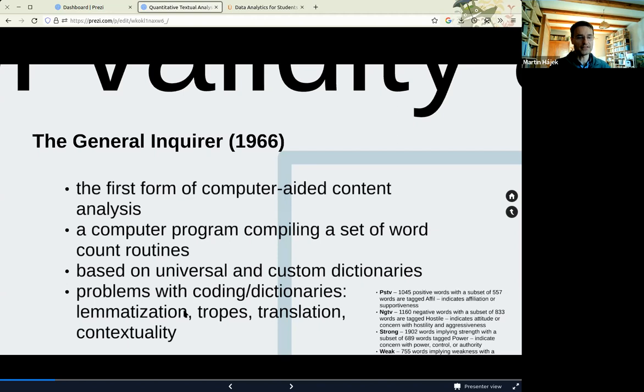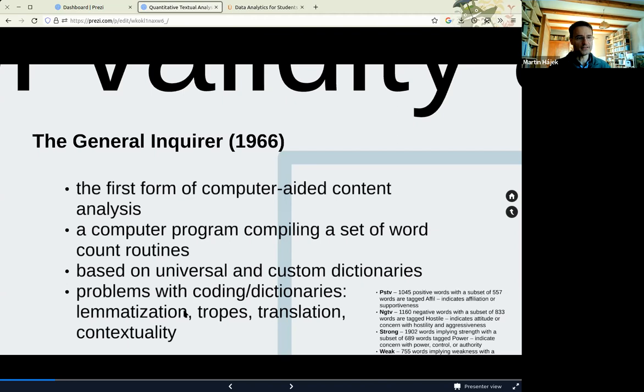And lemmatization is never perfect, and especially in a small corpus, you have to check it manually or do some further controls of lemmatization.